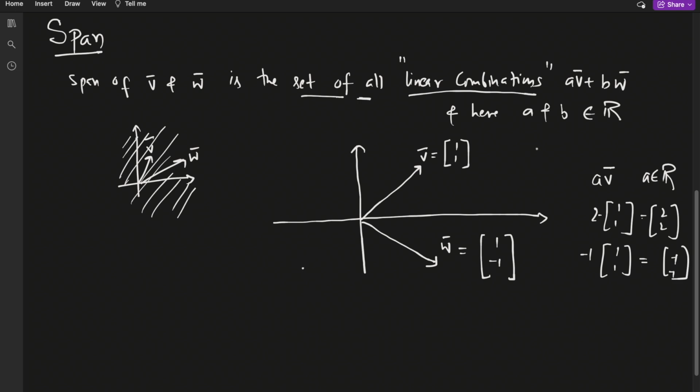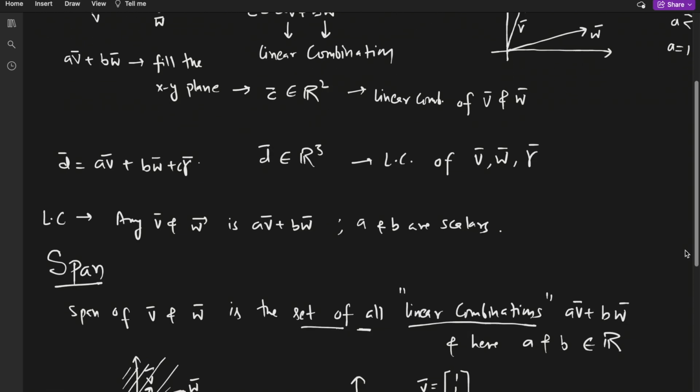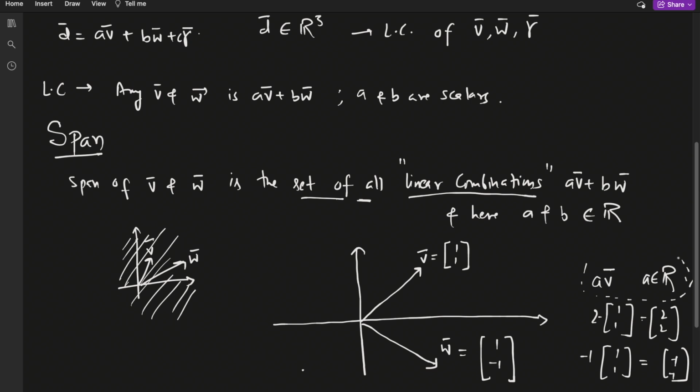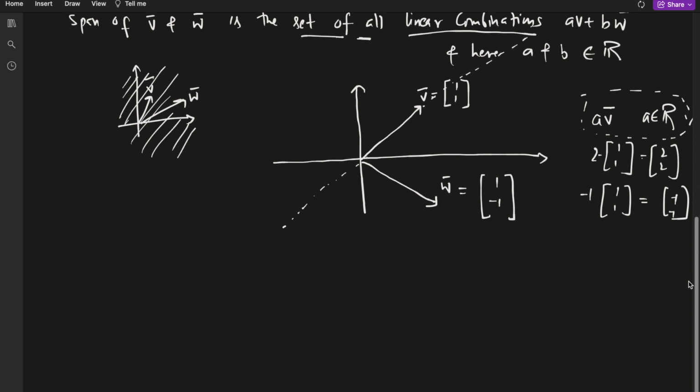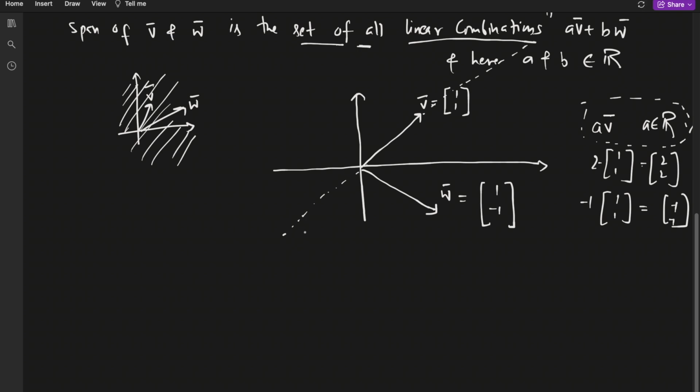So this av, where a belongs to R, is nothing but this entire line. Actually it's not a line, it's the set of vectors, the entire set of vectors lying on this line.